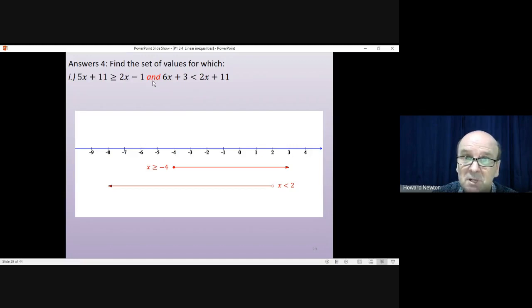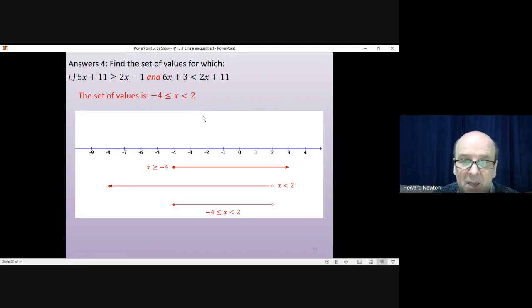Now, and is a really important word when you come to probability and statistics. In this case, and means both things must be true. So you're writing down the numbers for which both things are true. And in this case, that would be all the numbers from -4 up to 2, including -4, but not including 2 when we get there.